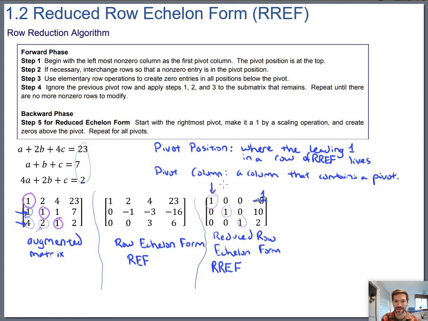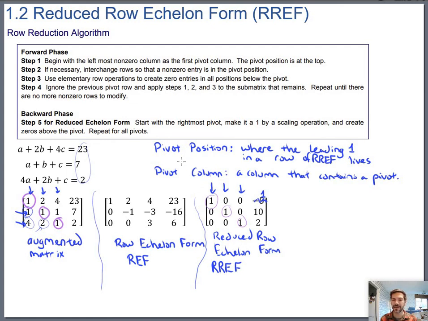Obviously the pivots are here and here and here. If you look back at the original matrix, you would say the first 3 columns happen to be the pivot columns. The fourth one is not a pivot column. And this maybe seems like, well, of course it's always going to be the first 3 columns. That's not always the case. So we'll look at some other examples where it doesn't come out quite so nicely.